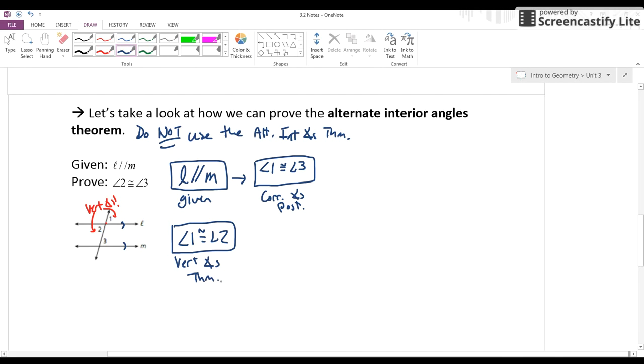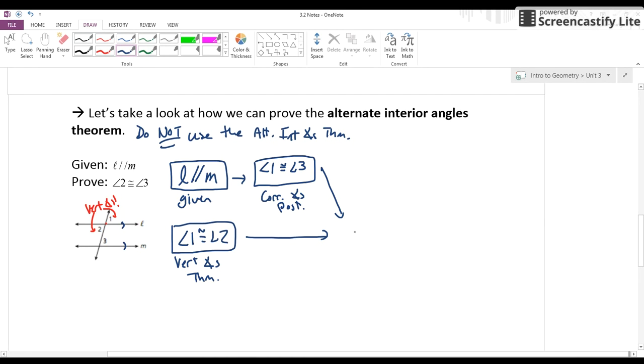All right? And now I have angle 2 in my proof, but I need to put angle 2 and angle 3 together. How do I do that? Well, notice how that angle 1 repeats. This tells me that I can take out angle 1 and replace it with angle 2 or replace it with angle 3 by using my transitive property, or you can call it substitution.